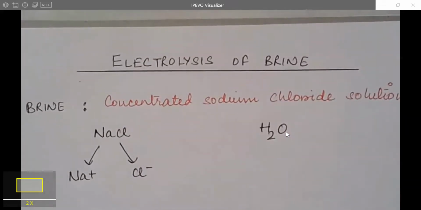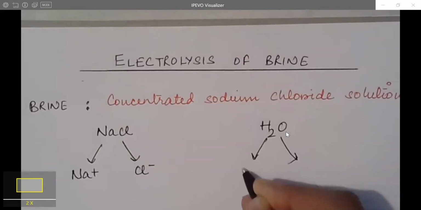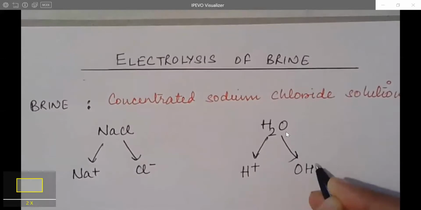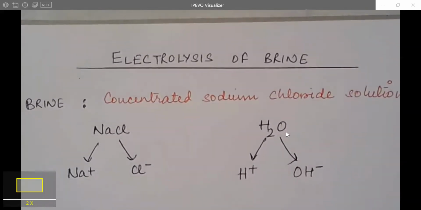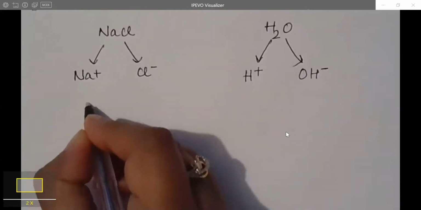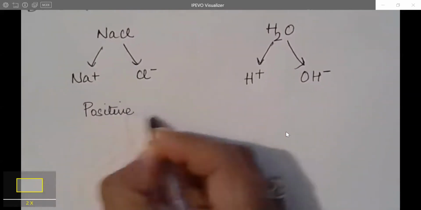When electricity is passed through the solution, the water breaks down as well to form hydrogen ions and hydroxide ions. If we see carefully here, we have a pair of positive ions and a pair of negative ions.